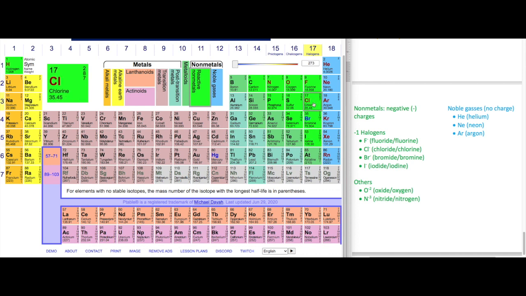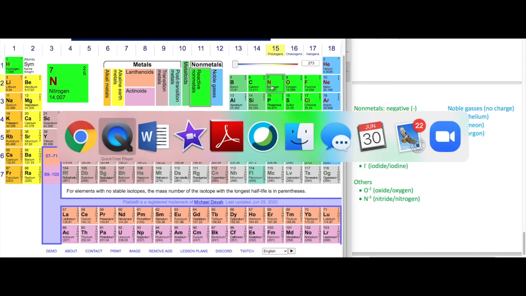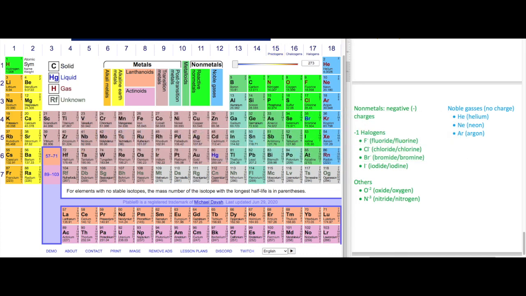They always are going to form a -1 ion. Oxygen is -2, and nitrogen is -3. And I'm going to show you a little bit more about why they have the charge that they do.